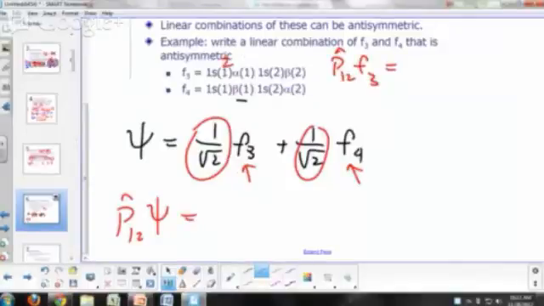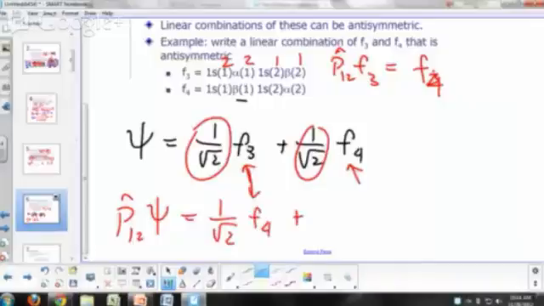This becomes a 2, that becomes a 2, that becomes a 1, that becomes a 1. No, that's not F3, that's going to be F4. We know it's asymmetric, right? That gives you F4. So this is 1 over square root of 2 F3 now becoming F4.